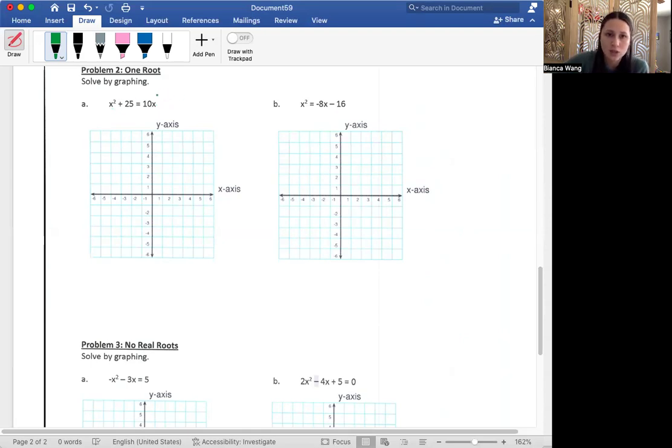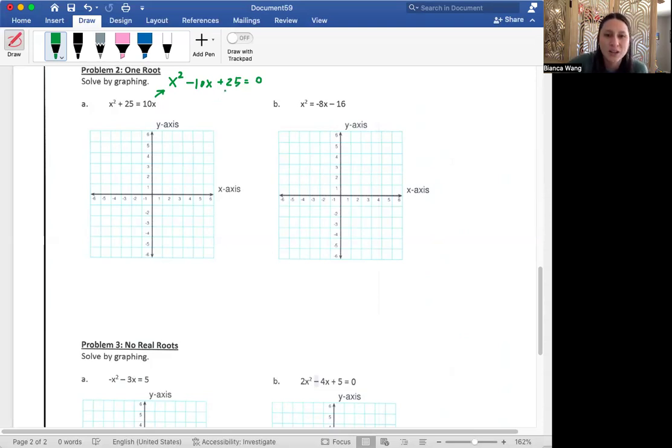So I need to rearrange this so that it is in that form, because the a, b, and c have to be in a specific order to tell me specific things. So I'm going to subtract 10x on both sides and put it in the middle. And then I'm going to leave my 25 where it should be, and that equals 0. So now my equation is x squared minus 10x plus 25. This is what I want to look at.